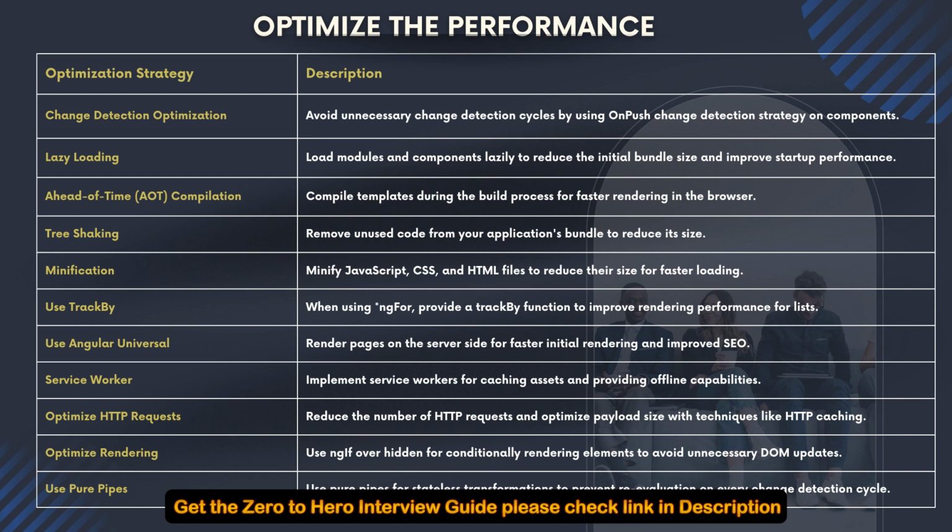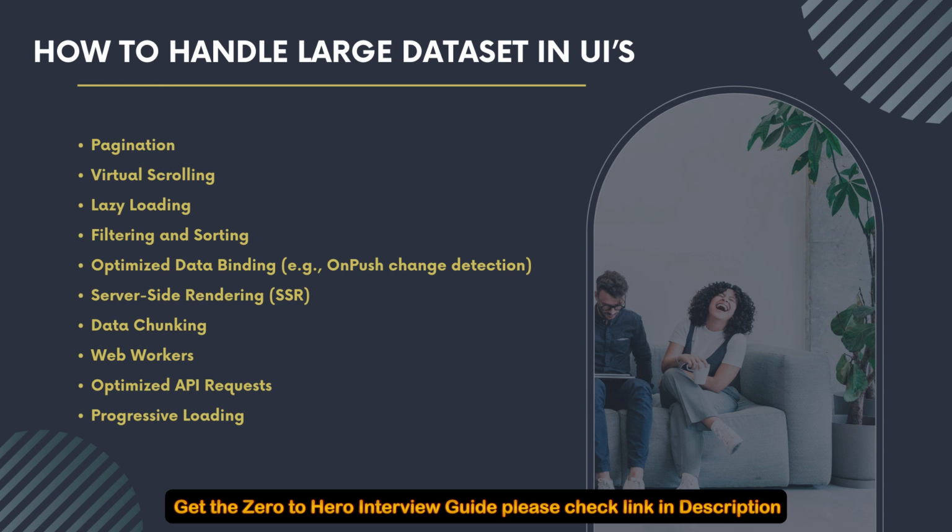Let me ask a few questions related to this as well. You said large data set, so how will you handle it in the DOM? Suppose you are getting 1 lakh records. To handle that we use pagination, in which we set some value to show at one time, let's say 50 or 100 records, and we put a pagination.